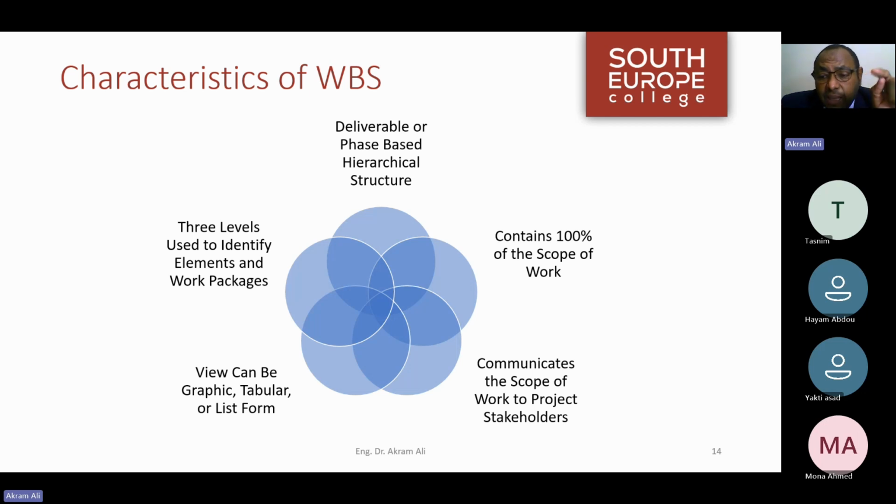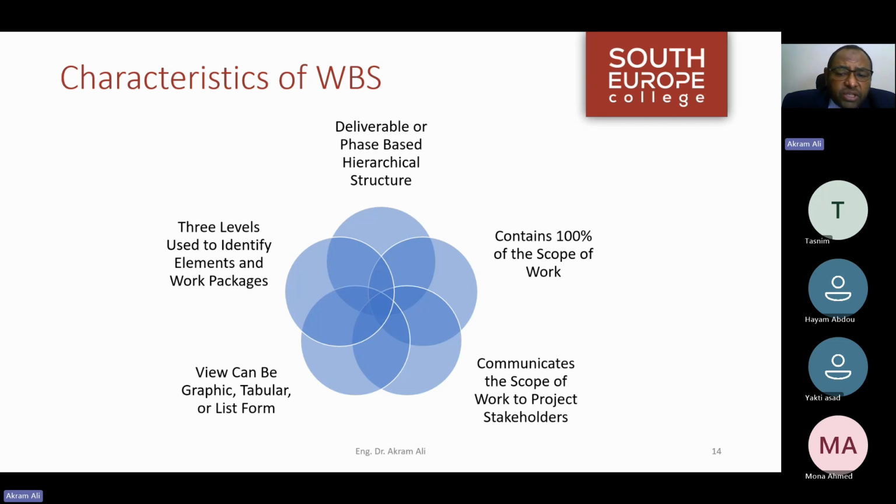But inside the phase itself, I have to use deliverables to decompose and to produce my WBS. So it has to contain 100% of the scope of work. It communicates the scope of work to project stakeholders. It can be graphic, it can be tabular, or a list form.